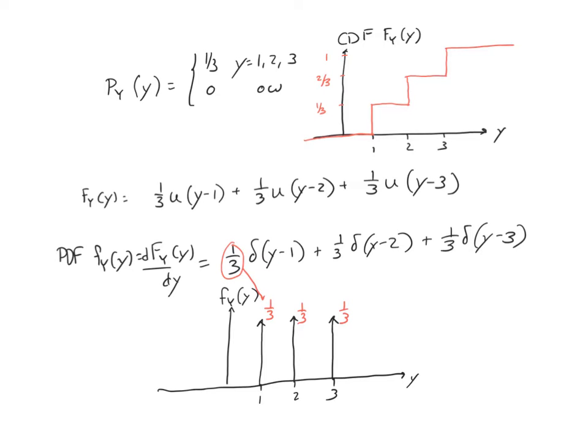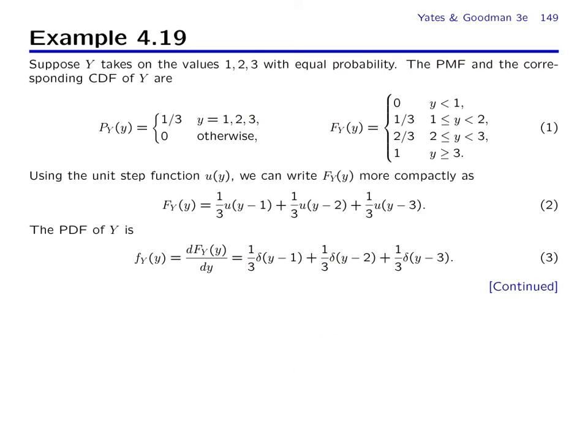It's important to keep in mind that in fact these impulses are infinite, but you can have a weight on them so that the integral of this impulse when weighted by 1/3 will be 1/3 and not 1. So this slide just repeats what I just said and derives a PDF that is the sum of these three impulses for a discrete random variable.